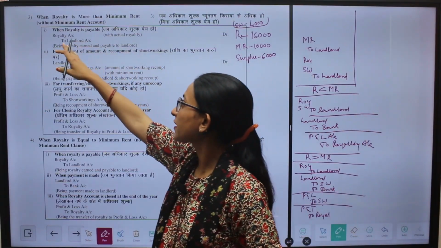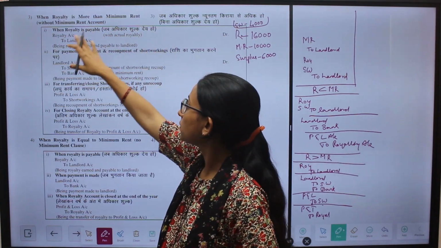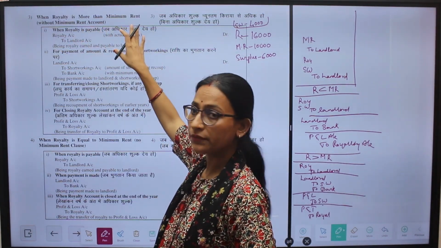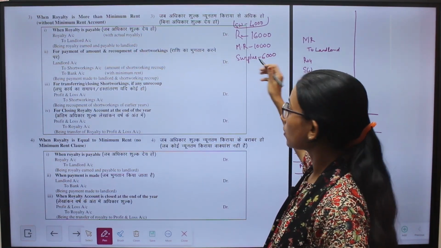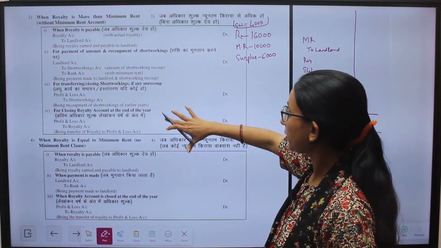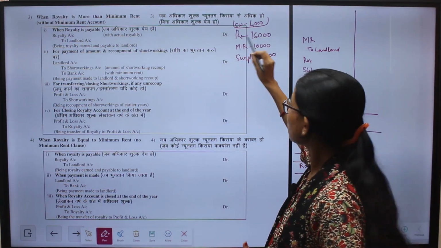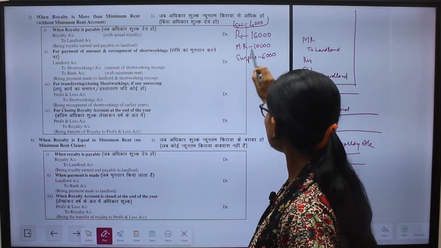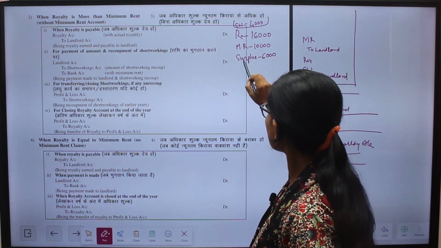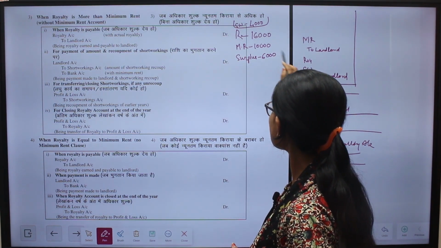So this is the second situation, when royalty is more than the minimum rent. Whenever the royalty is more than the minimum rent, there is a situation of surplus amount. So in this journal entry, I'll take an imaginary figure as the example. When the royalty earned is 16,000 and minimum rent is 10,000, then the difference is the surplus amount of rupees 6,000.